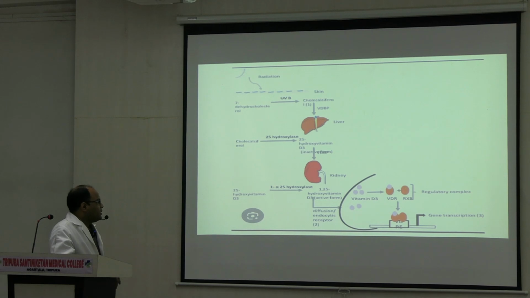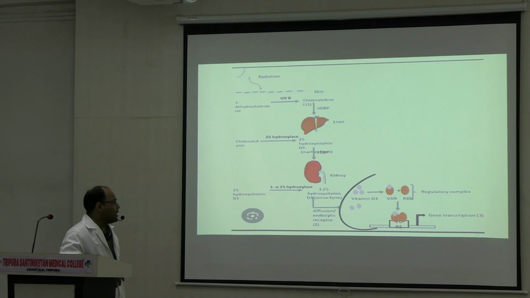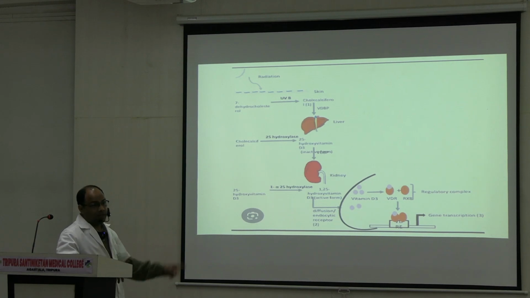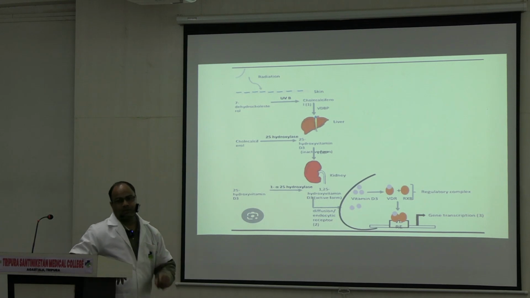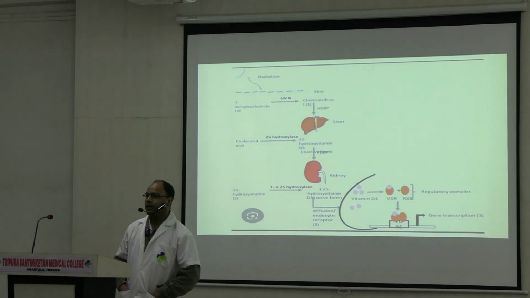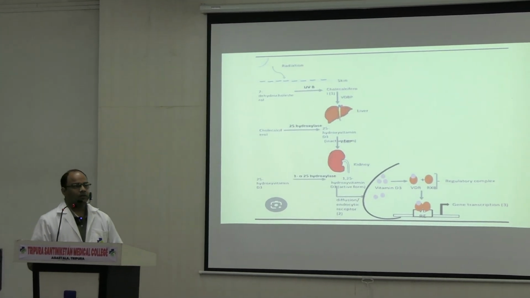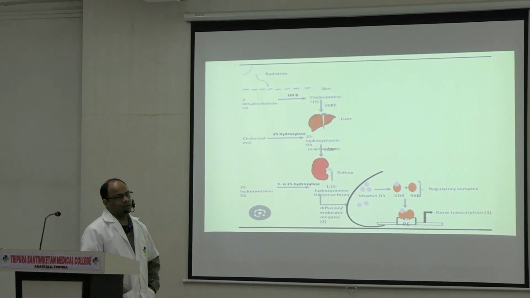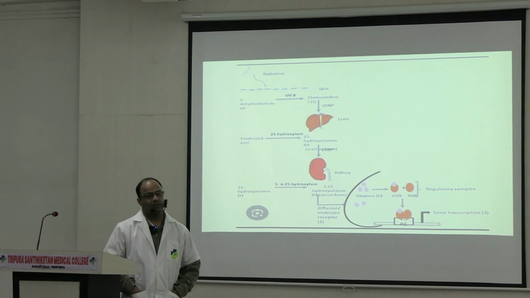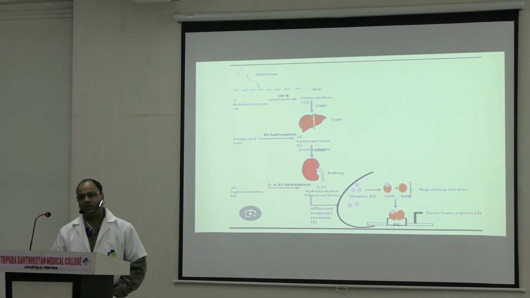Then this active vitamin goes into its target tissue and binds with the vitamin D receptor plus the RXR receptor. The receptor is present inside the cell, remember. This is the reason vitamin D acts like a steroid-like hormone, remember.